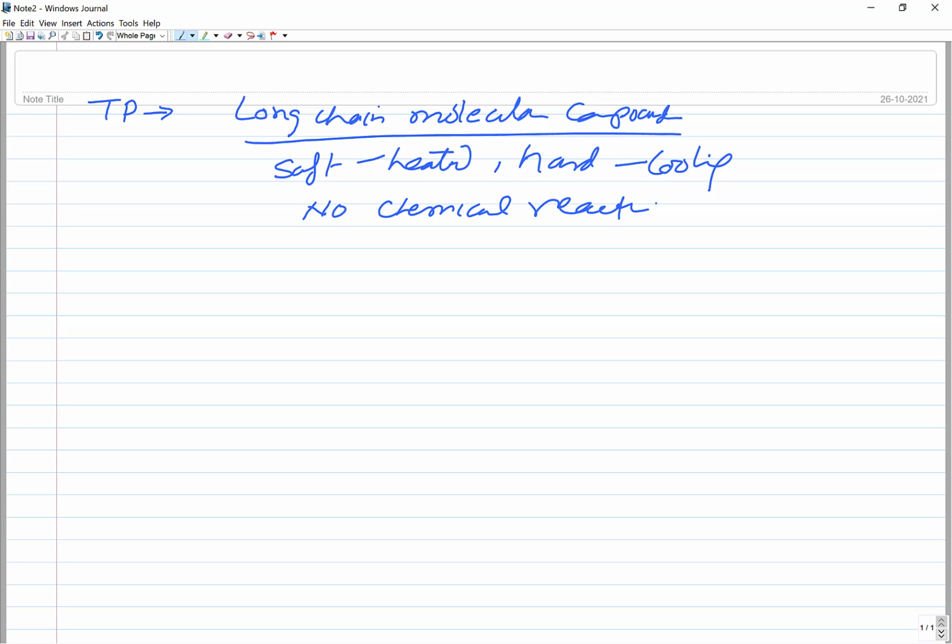Okay, so you can heat and cool as many times as you need, but when a high temperature exposure is given for a longer time, they thermally decompose or they get oxidized.